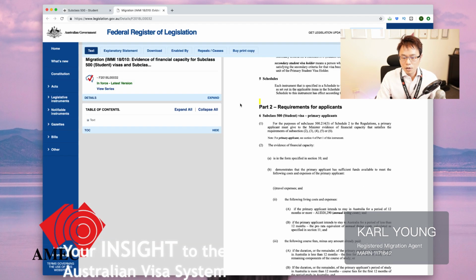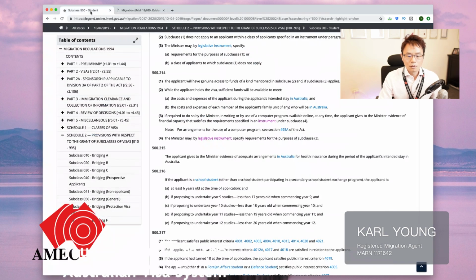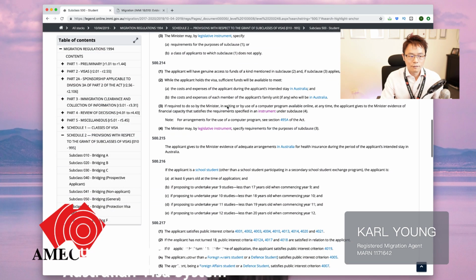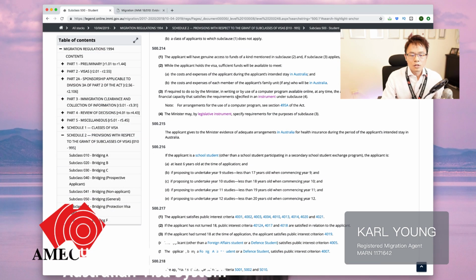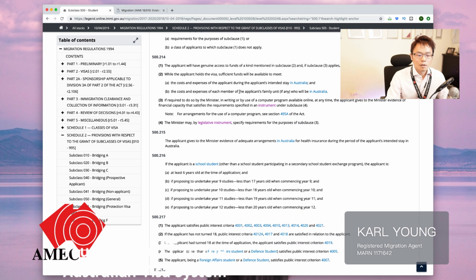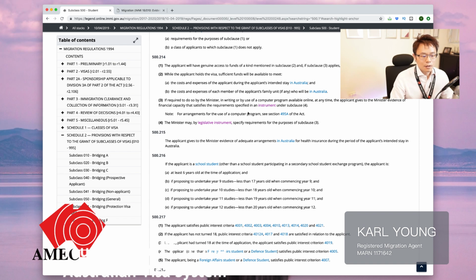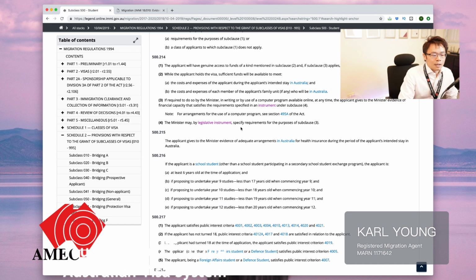The reason they do that is because, if you've been in Australia long enough, they love to change immigration law all the time. It's the most frequently changed piece of law and legislation in this nation. So what they do is create what I call a legislative instrument, where it's difficult to go through parliament, so they don't have to sit too much.